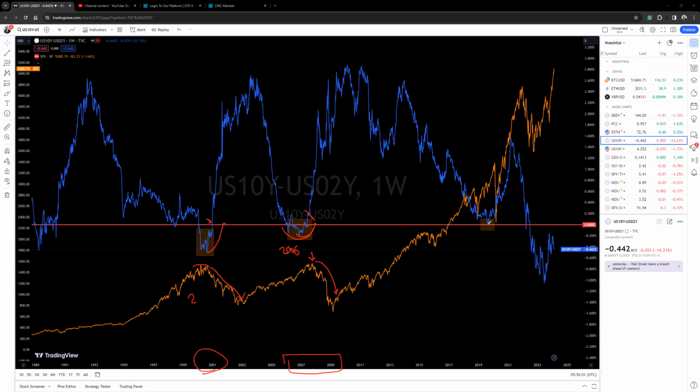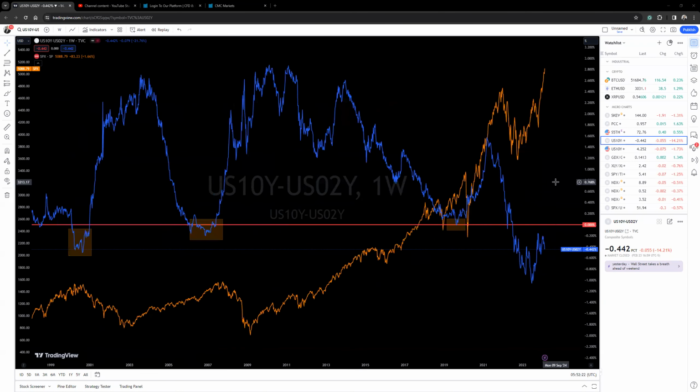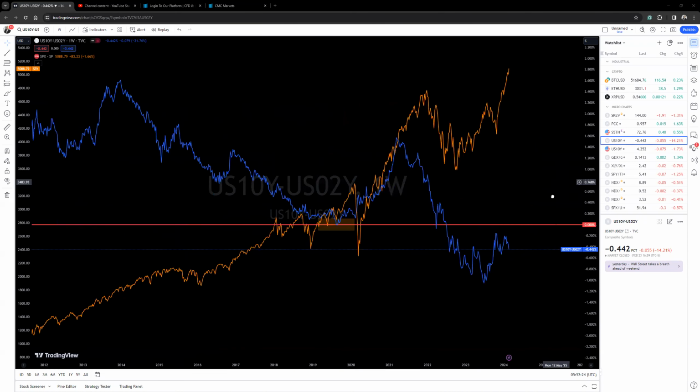The next one is the COVID crash. Again, in the COVID crash, we got yield inverted just here. But what happened there? The market surged to the upside for a final move before the COVID crash happened. I remember it was September, but the market crashed in February, which was about 5 to 6 months after that. So this is another time that we are seeing the same signal.